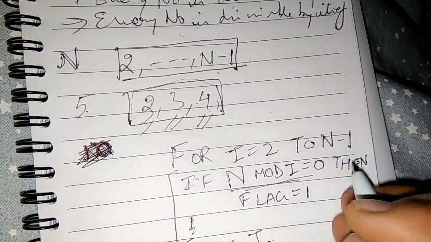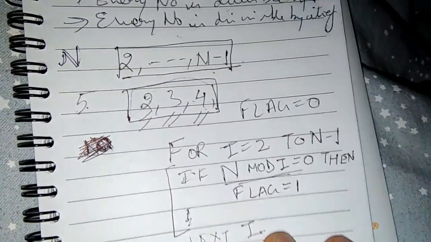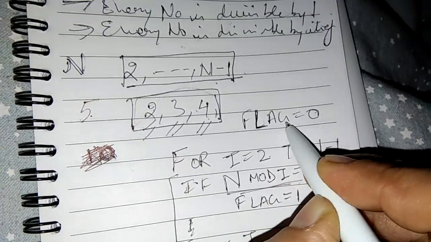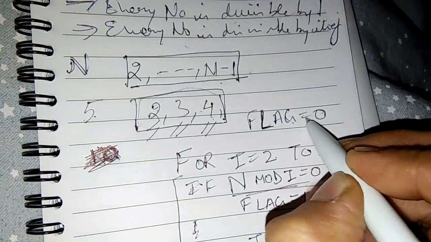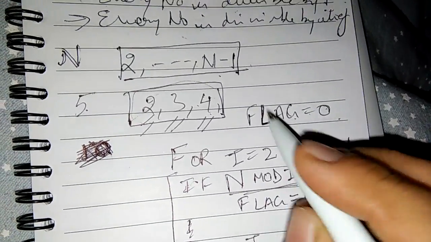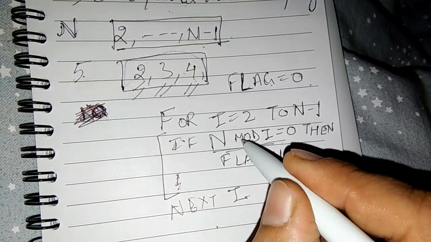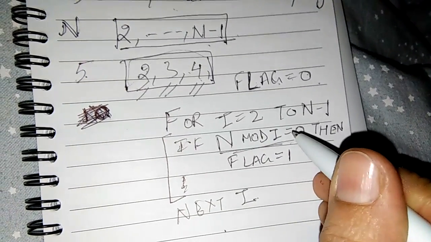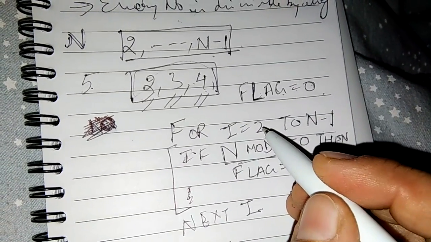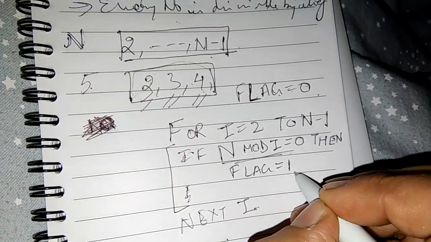The initial value of flag I am taking as 0. So I am assuming that the number is a prime number and the flag will remain 0 even after the loop is executed. For every number that we check in this program, if a number is divisible by even a single number in between 2 and n minus 1, then the flag will change.